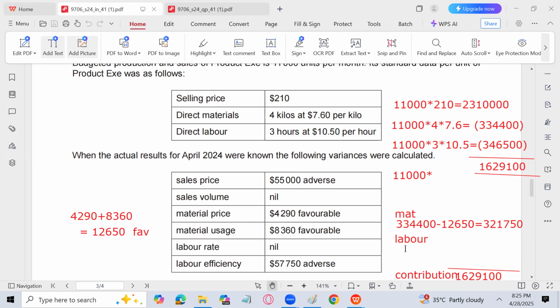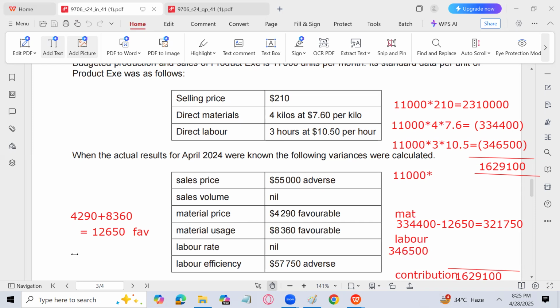Now let's talk about labor. The standard labor cost is 346500. Now let's see, the labor rate variance is nil and labor efficiency variance is adverse 57760.